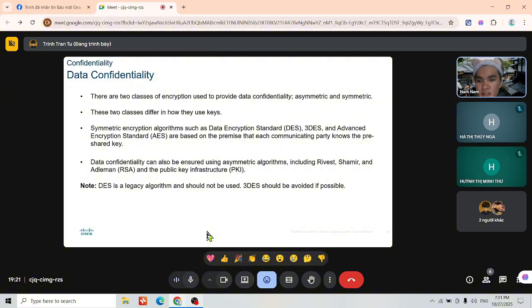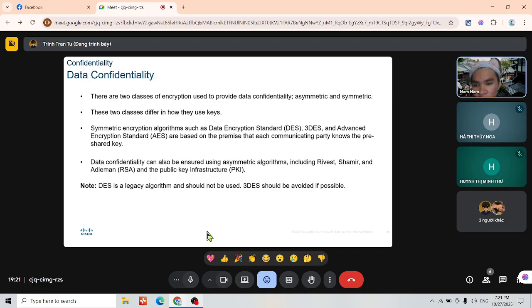The second, these two classes differ in how they are used. The third, symmetric encryption algorithms, Data Encryption Standard, DES, 3DES, and Advanced Encryption Standard, are based on the premise that each communication party knows the pre-shared key.